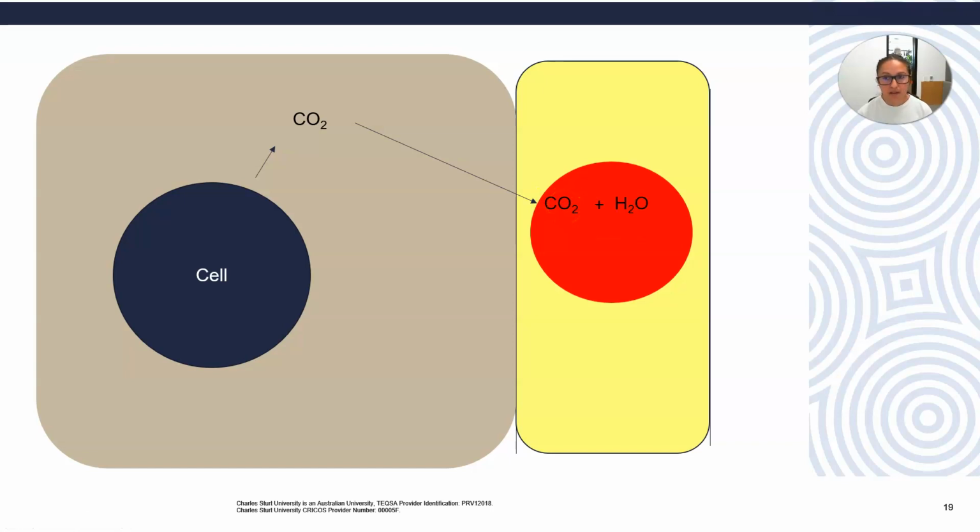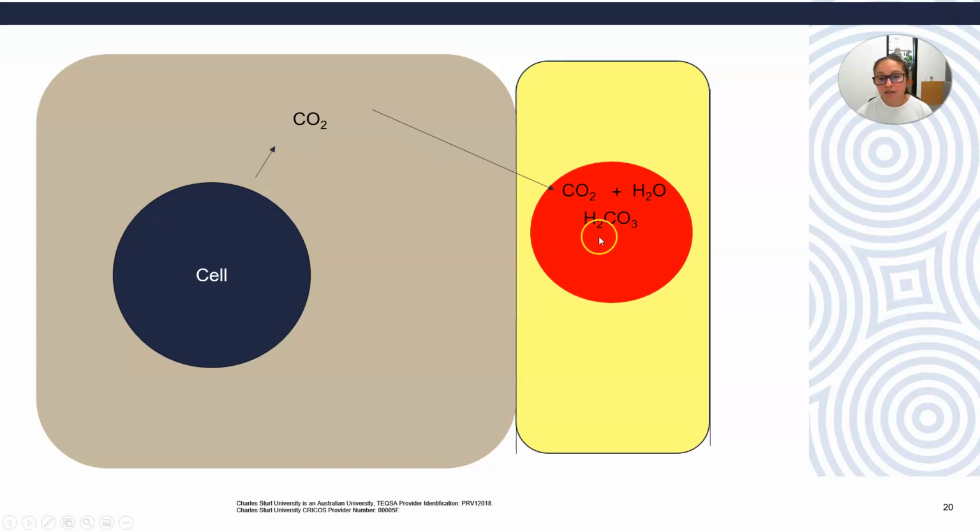When it gets into the red blood cell, there's water in the red blood cell, and carbon dioxide and water combine. It's just a chemical reaction, and they make this molecule.